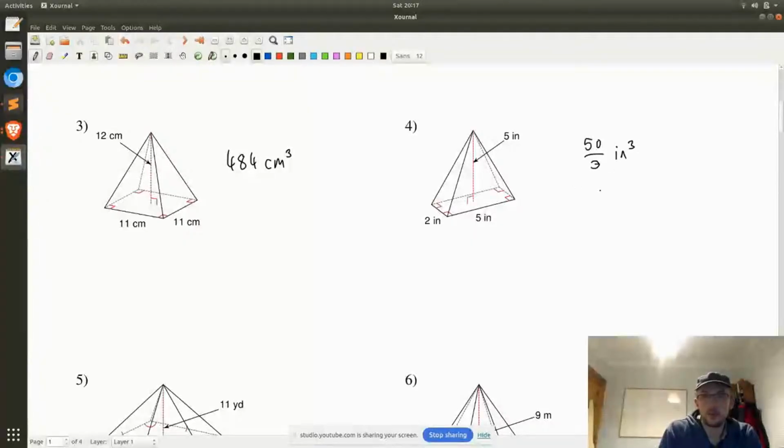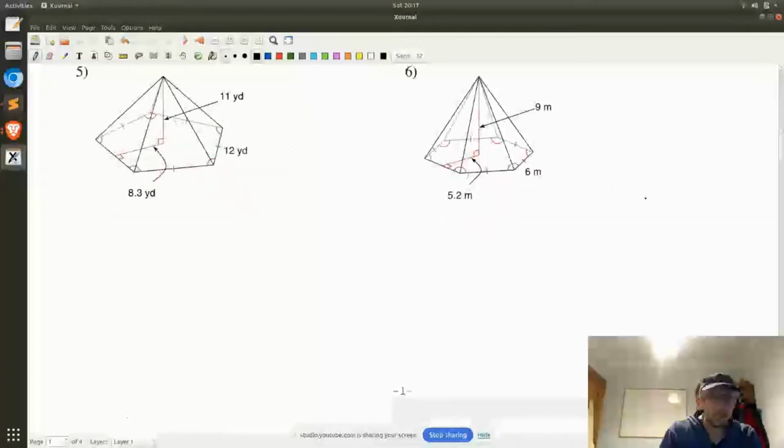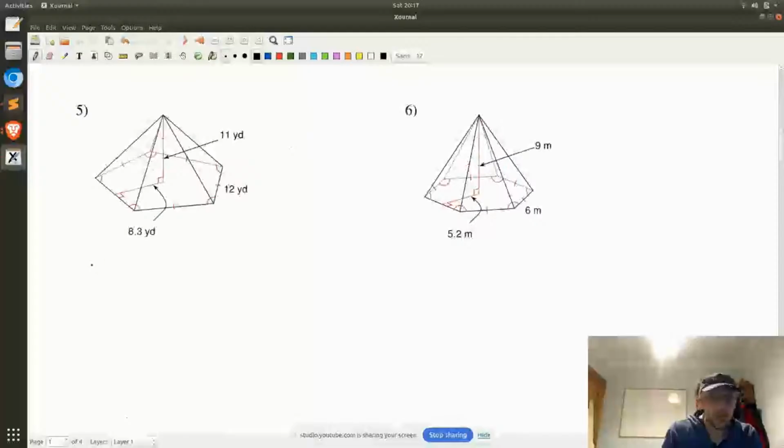Cubic inches, which is, beg your pardon, that's 16 2/3, or for the decimalization. Multiplied by the apothem, multiplied by the length of an individual side, and then divide all of that by 2, and that will give you the base there.